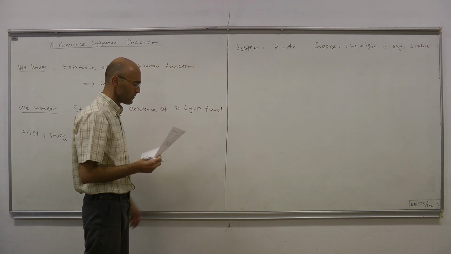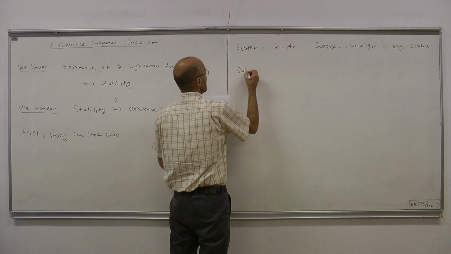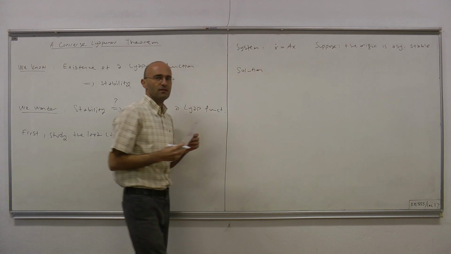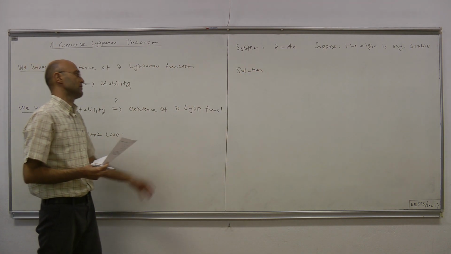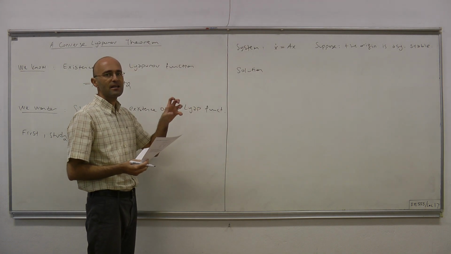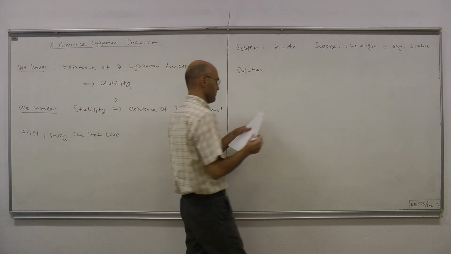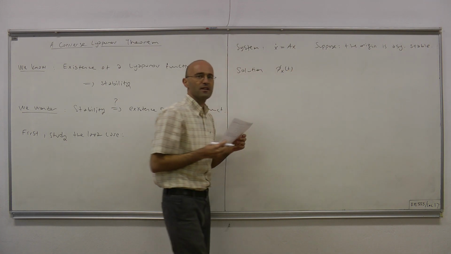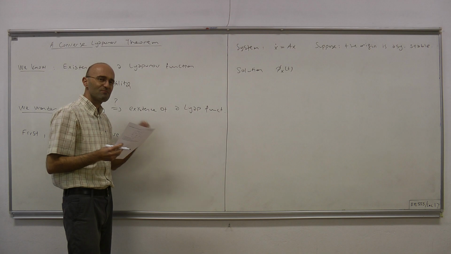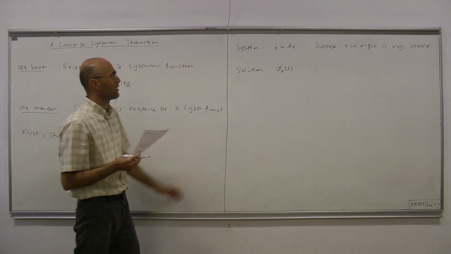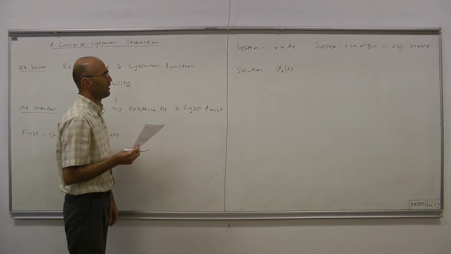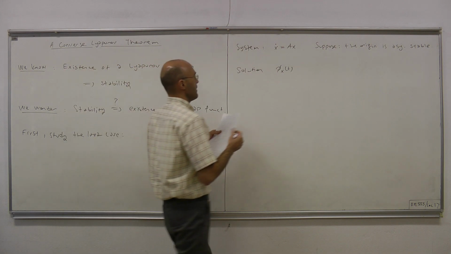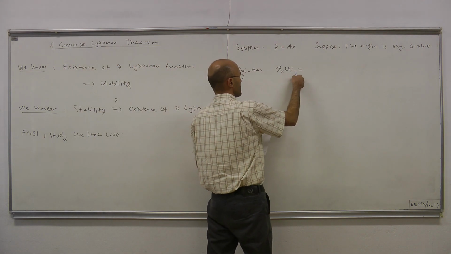Then, to construct the Lyapunov function, what people do, especially for nonlinear systems, is take the solution, phi_x(t). Now we're introducing a new notation, and this notation is necessary for the future analysis that follows, but it's a very simple notation.